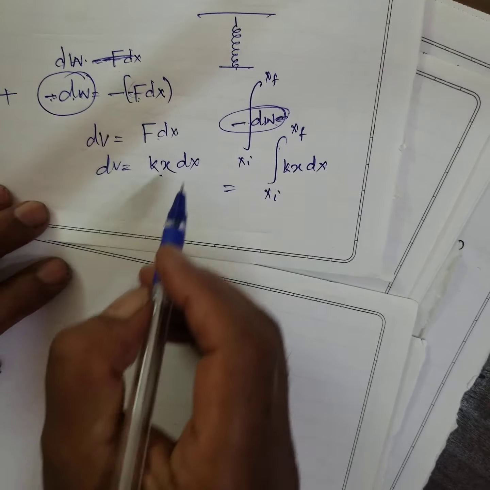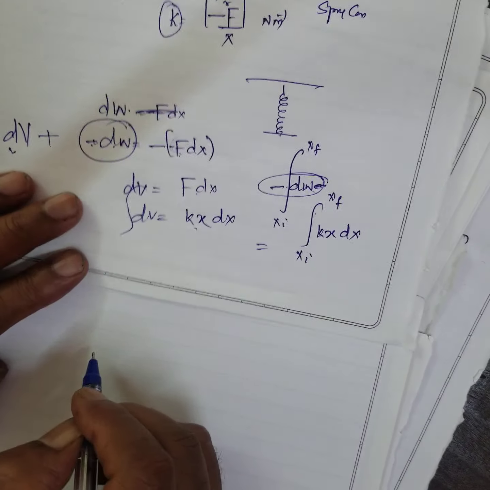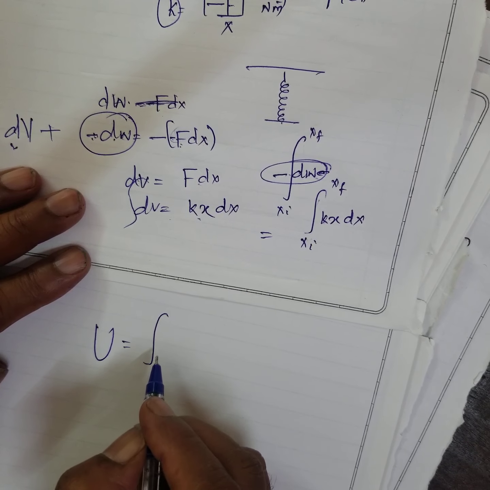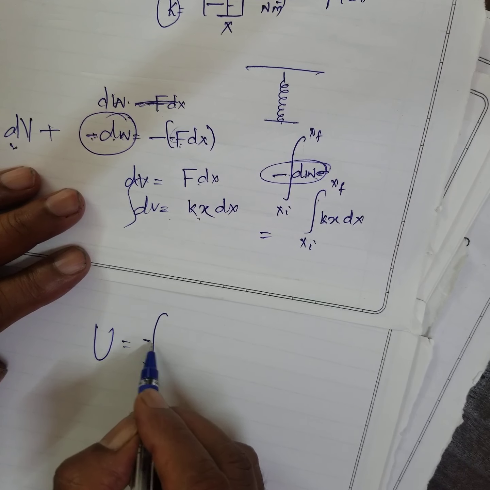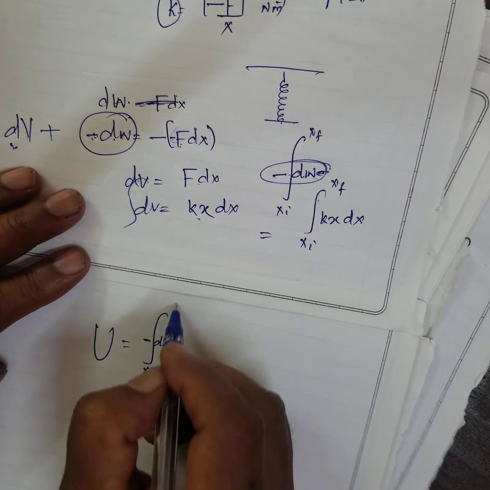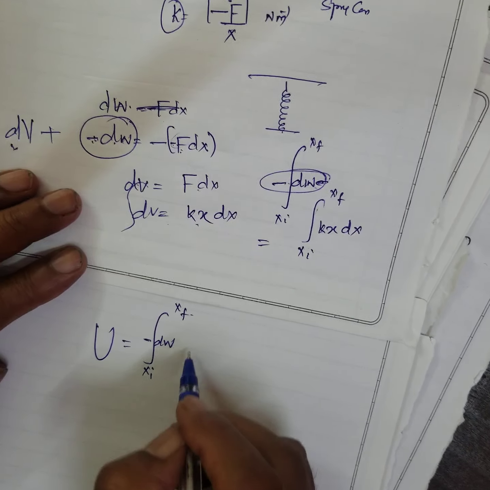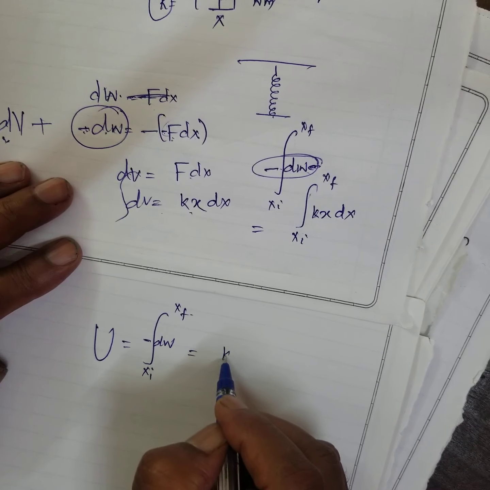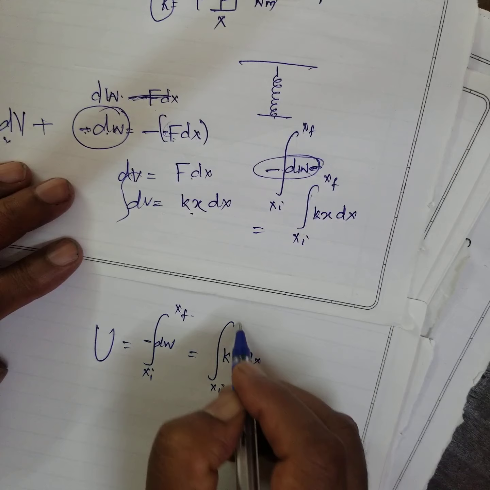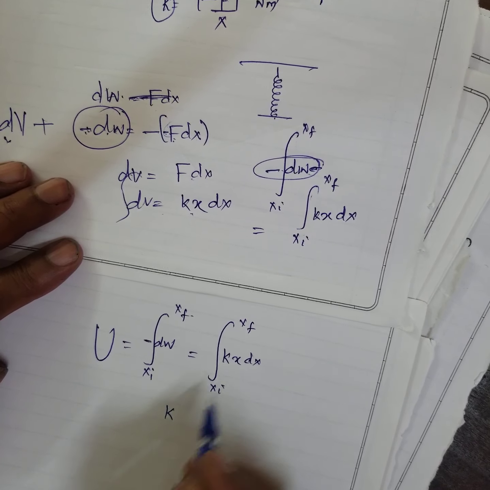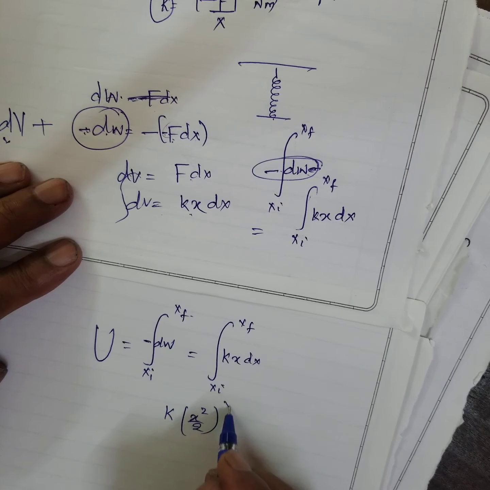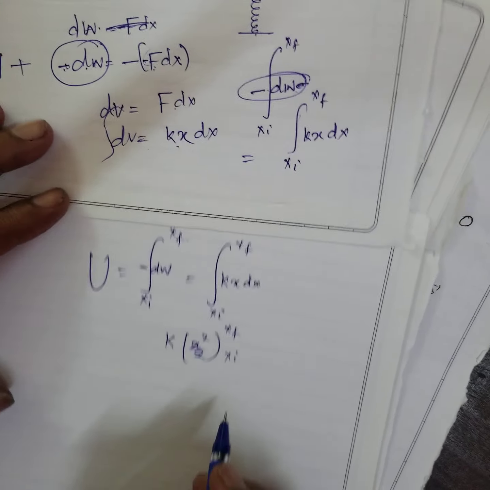That means this is same as potential energy, that is equal to total work done from shifting initial position to final position, that is equal to the integral of kx dx from xi to xf. k is a constant. This is x square by 2. Integrating x final, x initial.